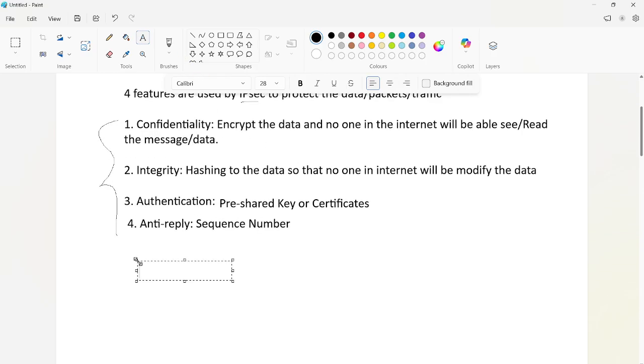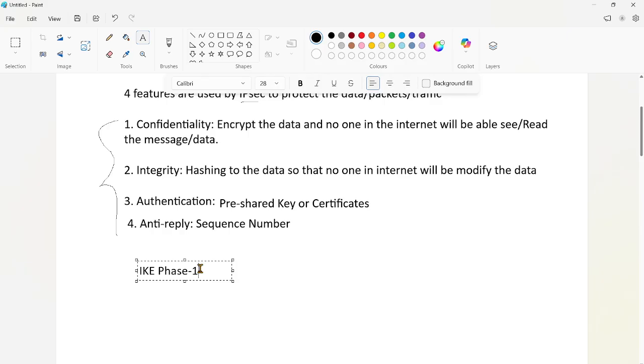We can call it IKE phase 1. IKE means Internet Key Exchange, which is also a protocol used by IPsec. So in this IKE, we will have two phases, phase 1 and phase 2.